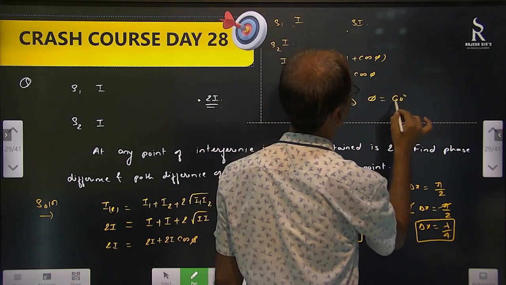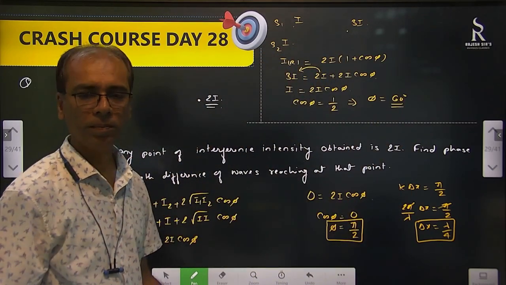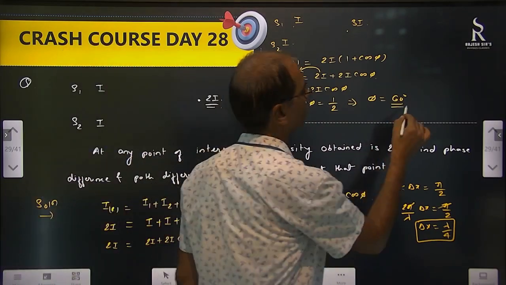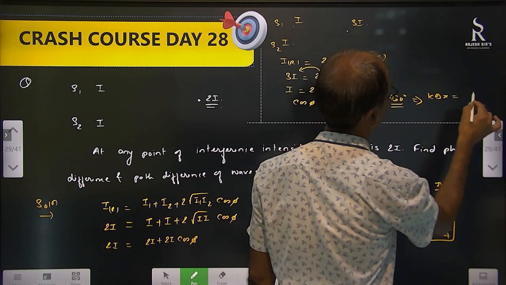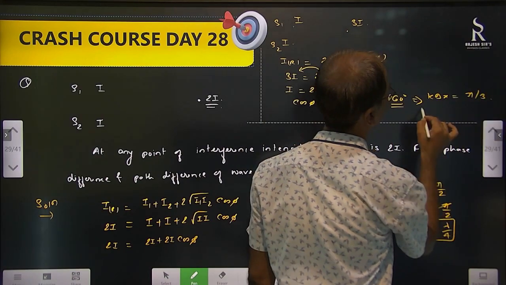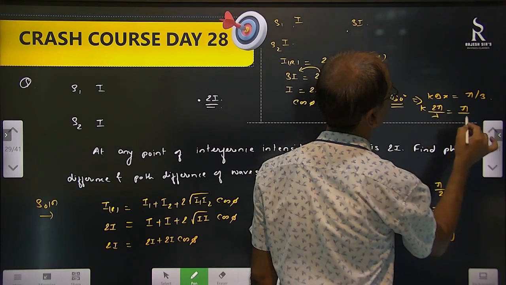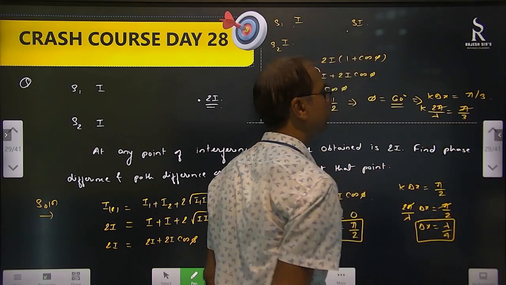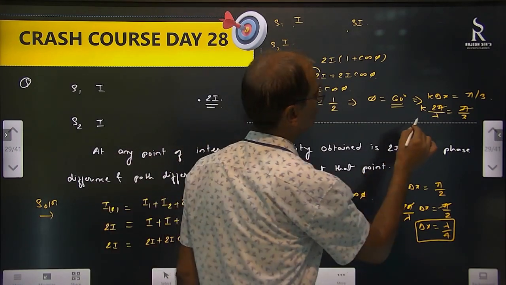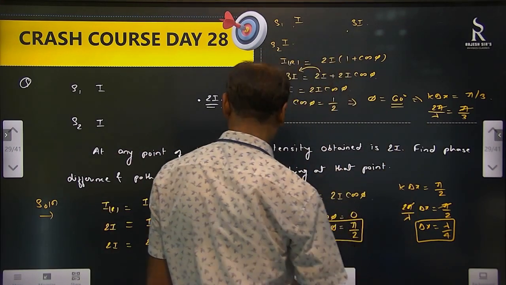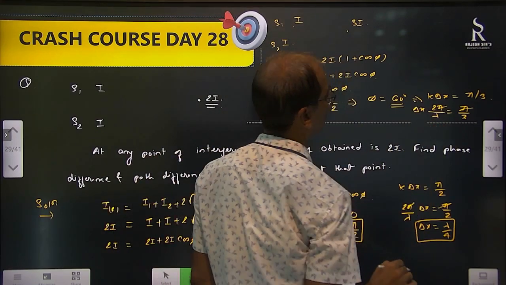We got that one. How much is the phase difference? 60 degrees means we will be writing pi by 3. So now we can write k delta x equal to pi by 3. So delta x into 2 pi by lambda is equal to pi by 3.